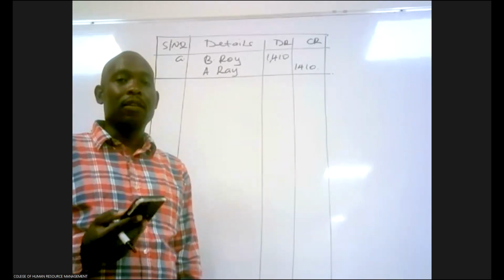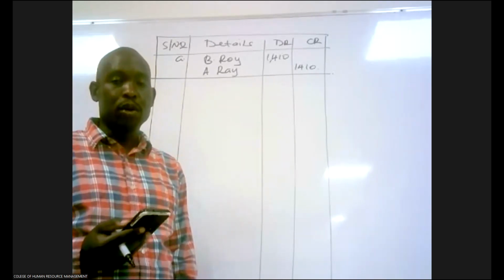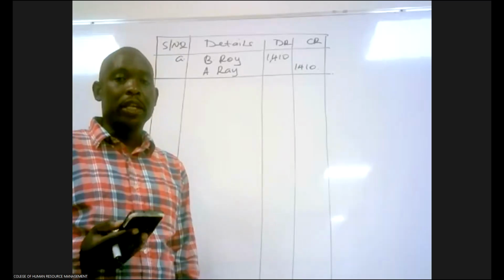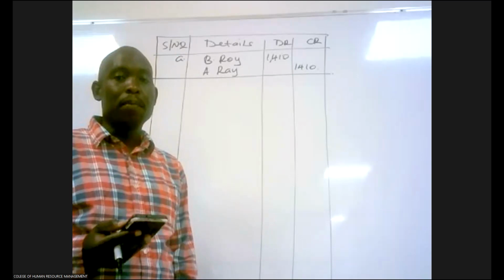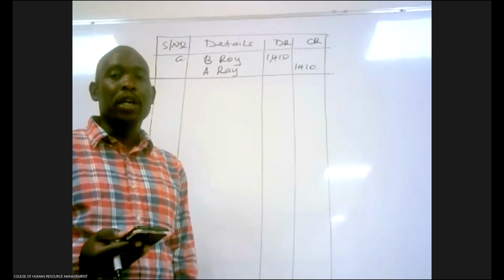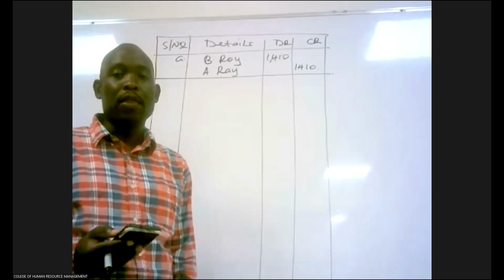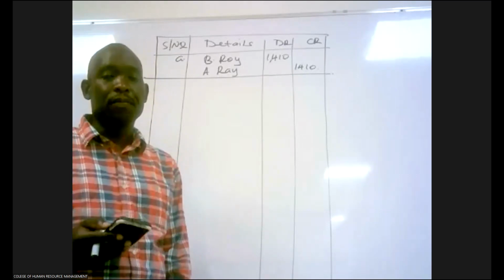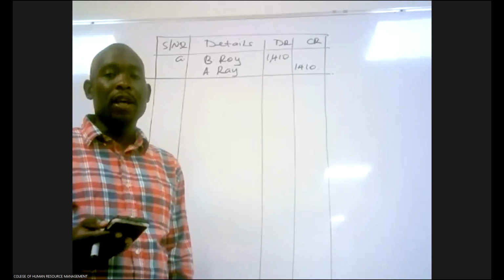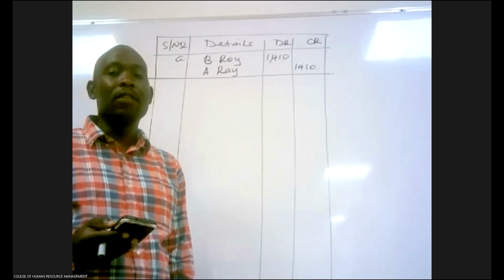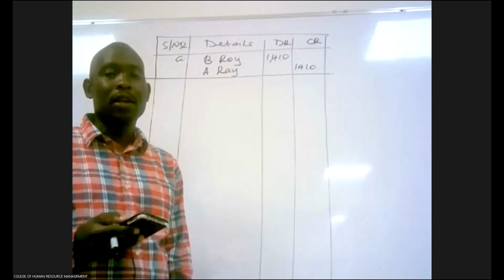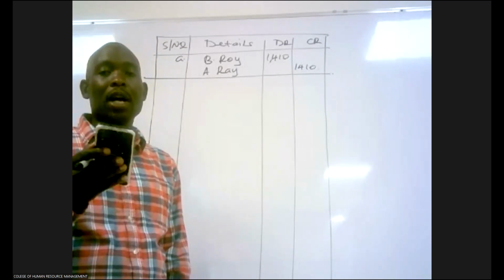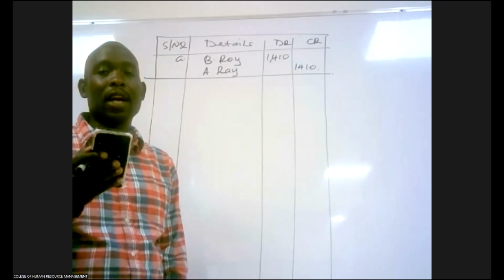If I can make that statement simple for you, we paid for printing by check. When we pay by check, we should credit bank because that is where the money would be reducing, and debit printing. The mistake that happened here is that instead of crediting bank, we credited cash.